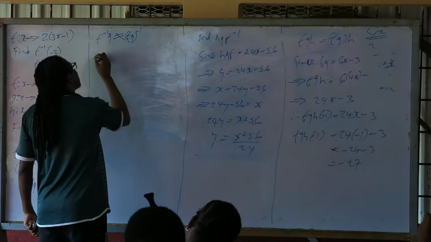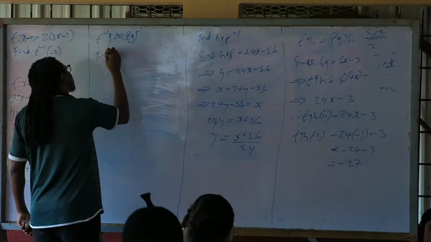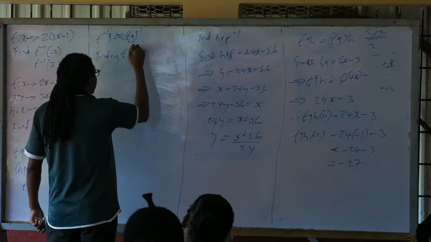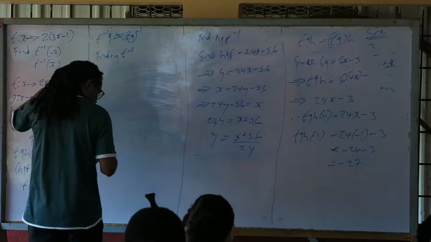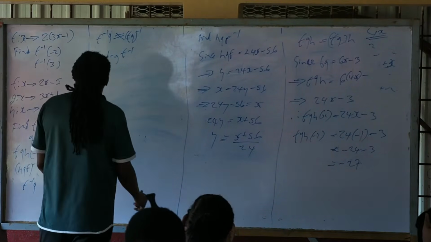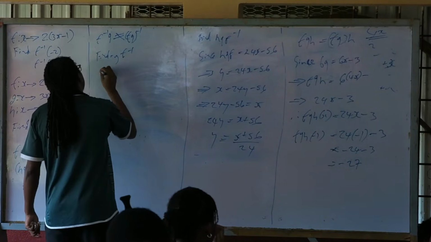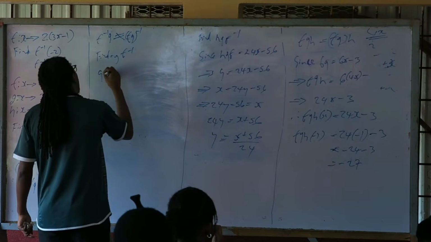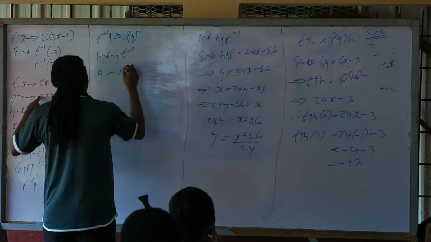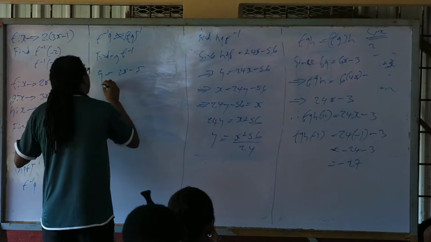So, finding f inverse. y equal 2x minus 5.